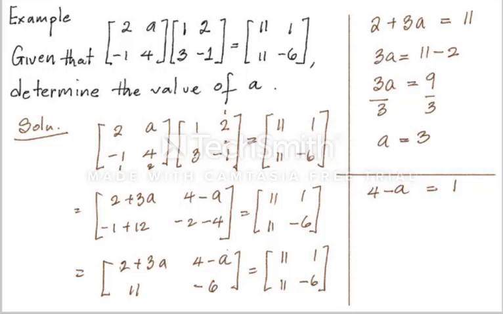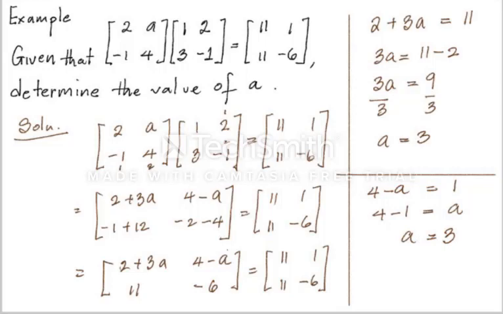Let's solve the simple equation: positive 1 comes over to the left and becomes negative 1, and negative A goes over to the right and becomes positive A. 4 minus 1 is 3, so we have A is equal to 3.